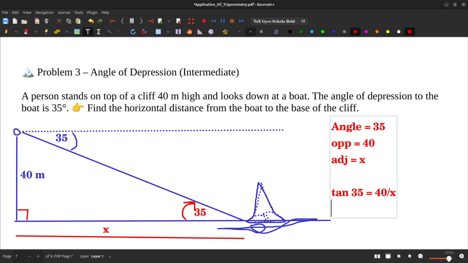Multiply by x on both sides: x tan 35 equals 40, because the denominator x is cancelled out. Now divide both sides by tan 35. You get x equals 40 divided by tan 35.